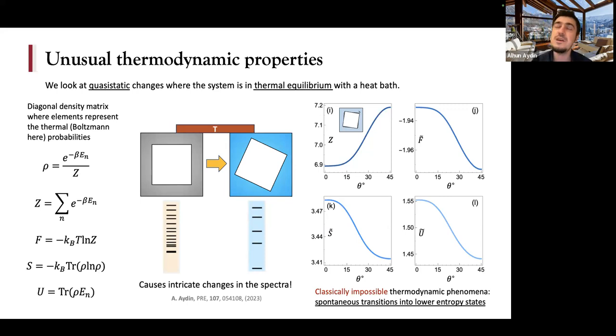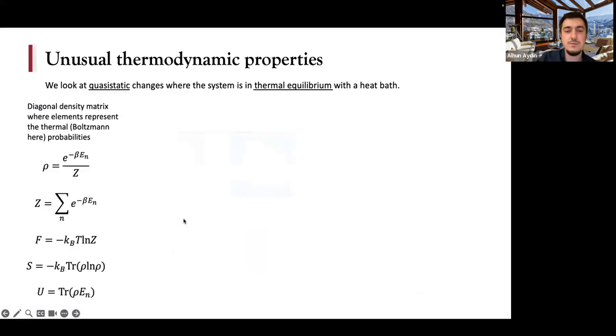For example, when you try to do that adiabatically, you need to preserve the occupation probability while doing this change, but you can't really do that in a quasistatic change.